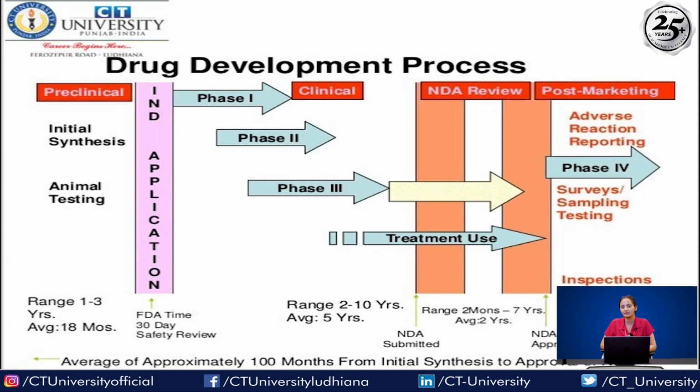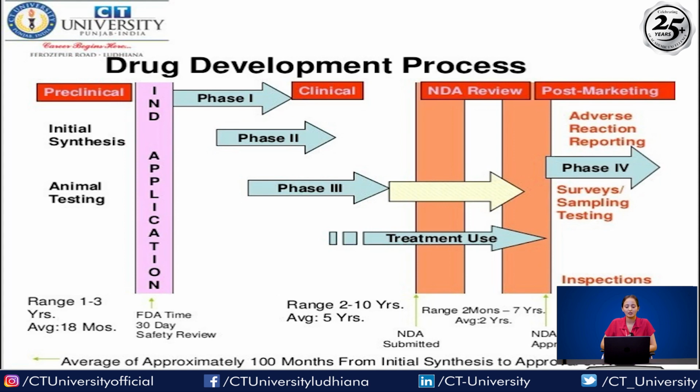This is known as your clinical trial or clinical phases. Then after phase 3, we go for the NDA submission, the new drug application. After completion of NDA approval, we go for post marketing surveillance, meaning your drug is going into the market for optimal use, to identify the risks and benefits.